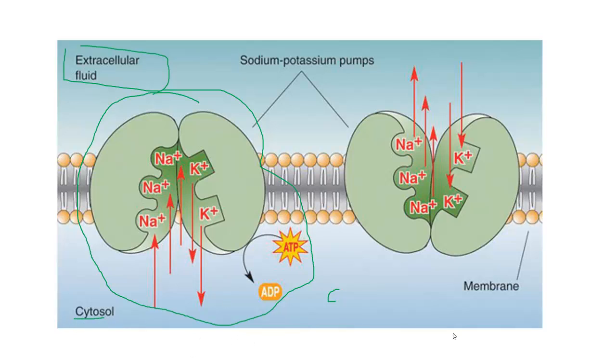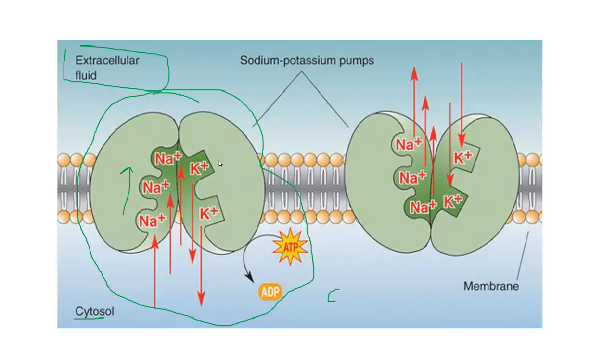Now, sodium cannot go back out through the sodium channel, but it has to go back out somehow, right? The only way that sodium can go back out is through the sodium-potassium pump. Now once potassium goes back out through the potassium channel, it can't come back in through it.